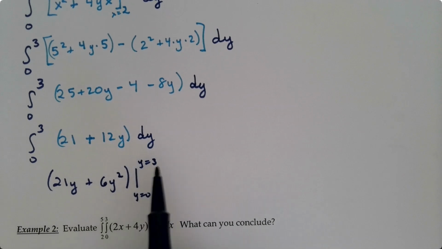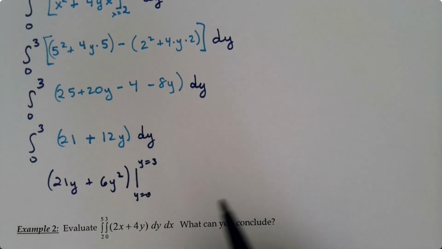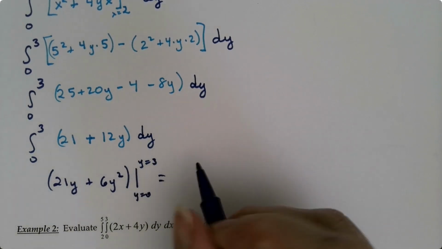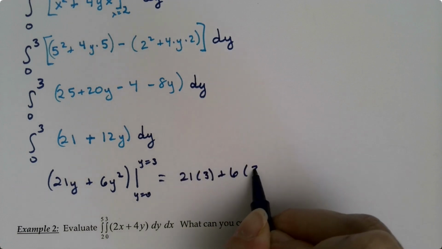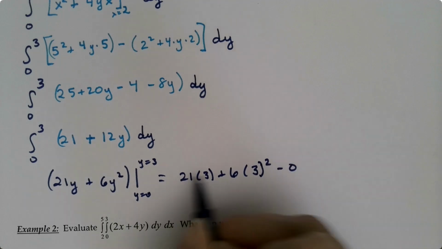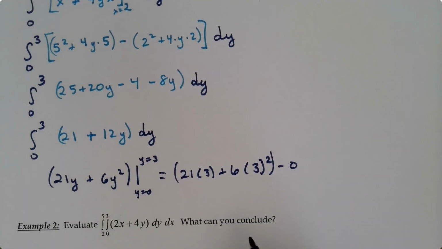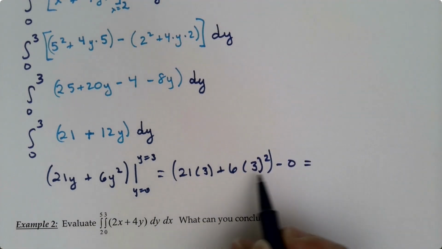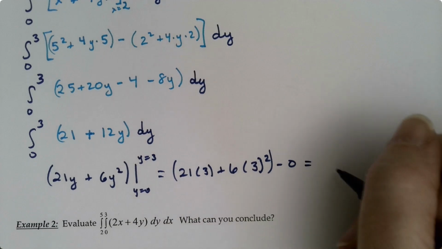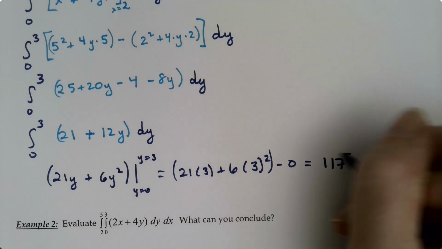You don't actually have to write the y equals, but at this point it might be helpful. All right, so that's 21 times 3 plus 6 times 3 squared. Take away 0 because the whole back half will be 0. And so that is 63 and 54, so that's 117.